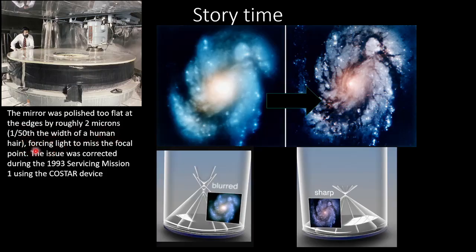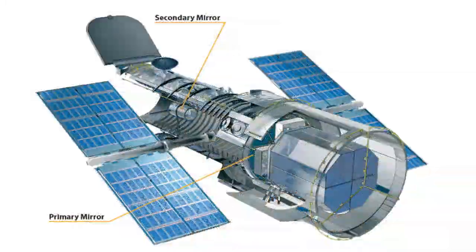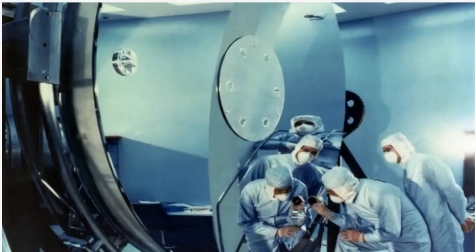That tiny imperfection caused light rays to miss the correct focal point and produced blurred images instead of crystal clear views of the universe. And the cause, why? Because the mirror was flattened incorrectly, it caused something called optical aberration.